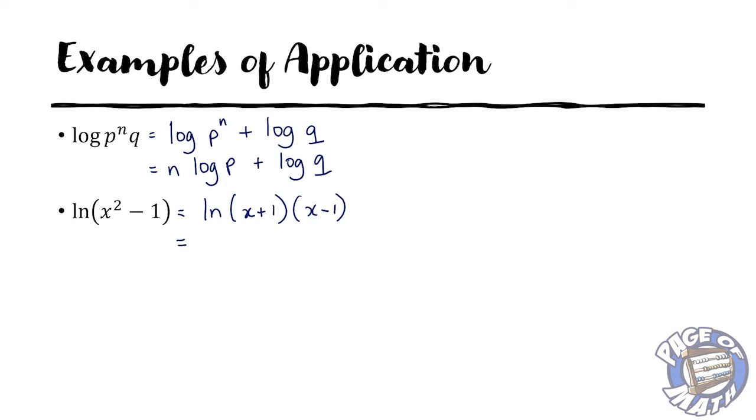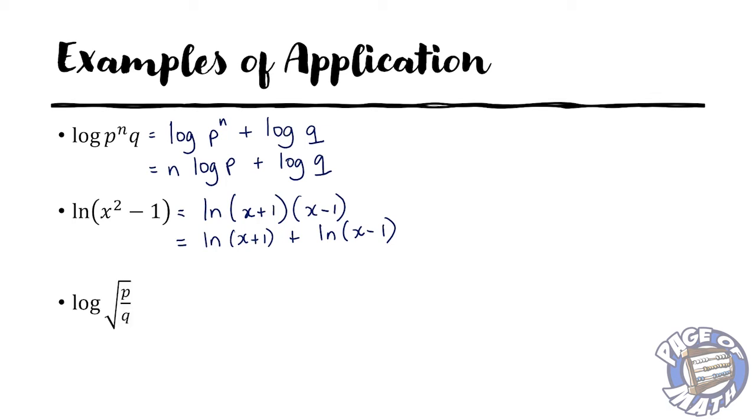So applying our first rule, where you multiply them, it becomes the natural log of x plus 1 plus the natural log of x minus 1. Now we cannot distribute it, we cannot do those things because natural log is not a number. Okay, so therefore this is the simplest way we could write it.